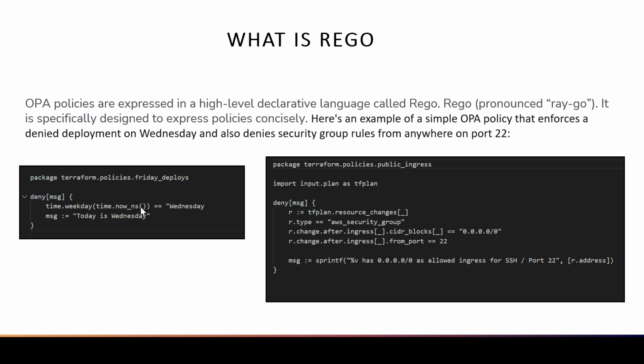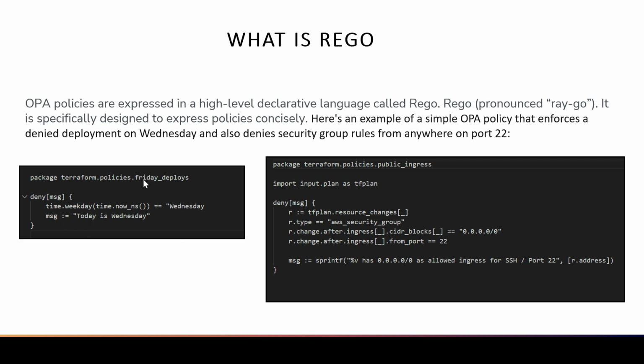Here is an example. You can see there are two policies written in Rego. The first one can have any name; you can package the Rego policies and make it any name. So I'm going to name it terraform.policies.friday_deploys. This is the name of my Rego policy. And here I'm defining deny messages, which basically means if you deploy your infrastructure on Wednesday, then the deployment is going to be denied.